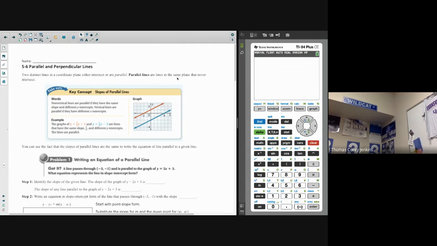And so what we need to know about the slopes of parallel lines is that they are the same. You've probably heard this before. We talk a lot about it with systems, but slopes of parallel lines are the same. Which makes sense, right?